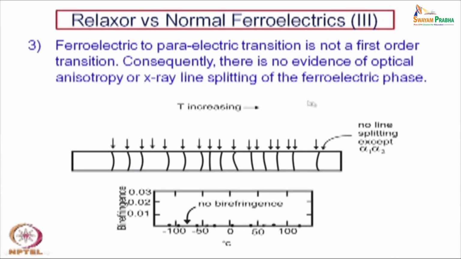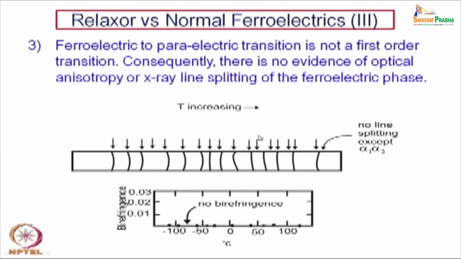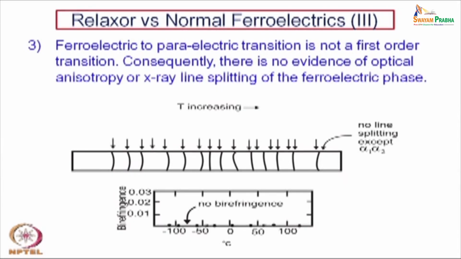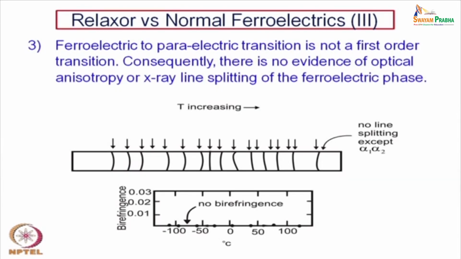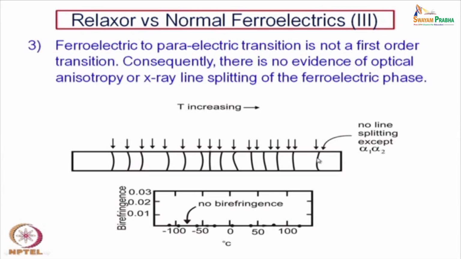However, this kind of evidence is not there in relaxor ferroelectrics. It does not have the X-ray line splitting. These are all single lines, there are no double lines or splitting lines, except of course alpha 1 and alpha 2 splitting.